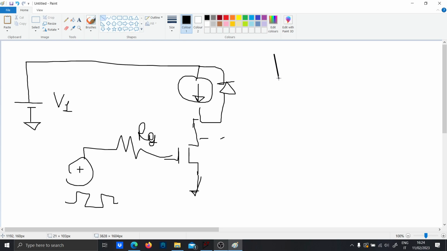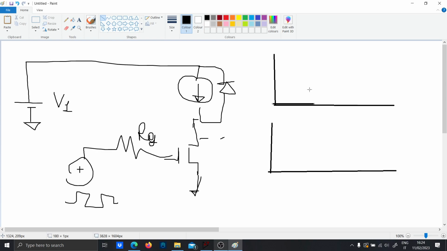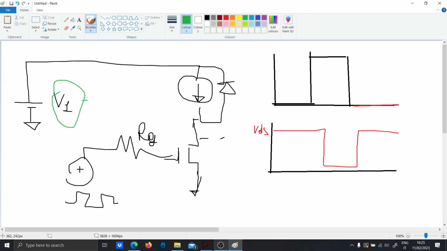So basically what is going to happen in this circuit is that you apply a voltage on the gate like this, and the voltage VDS will be like this, because when the MOSFET is off, between the drain and the source you basically have the voltage V1, let's say 20 volts, and the current has exactly the opposite behavior.